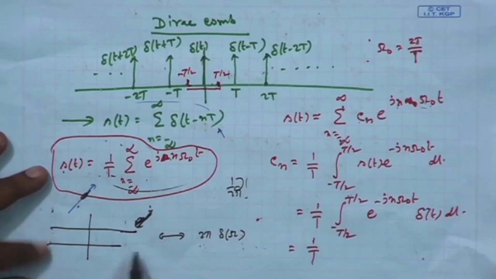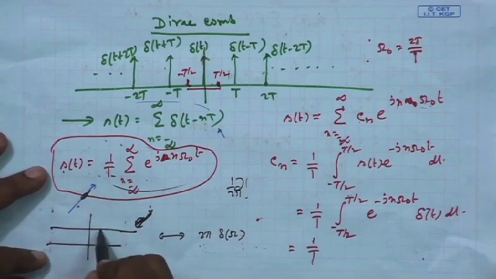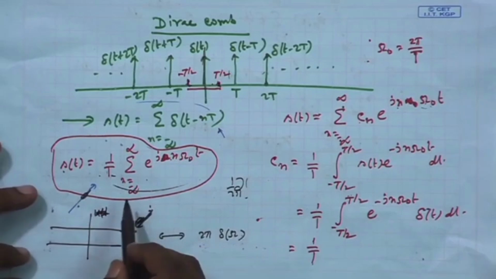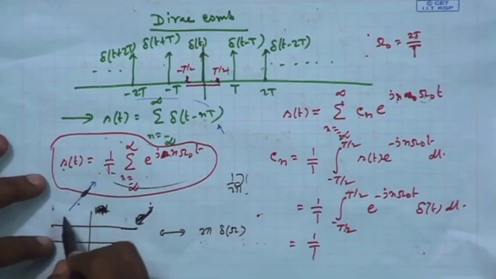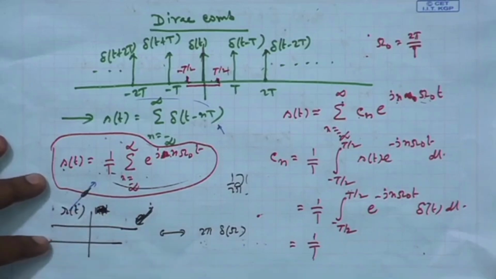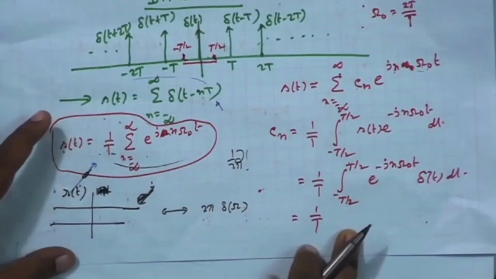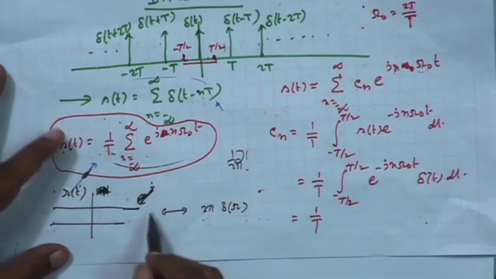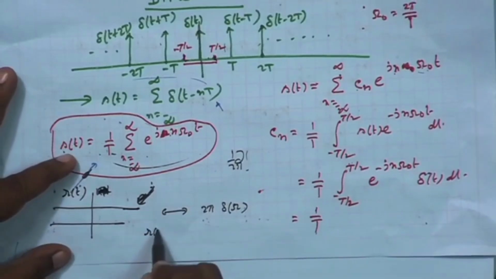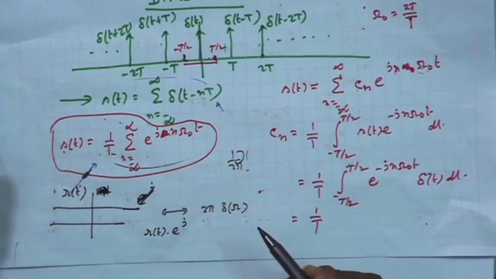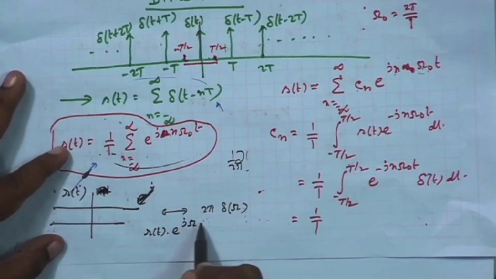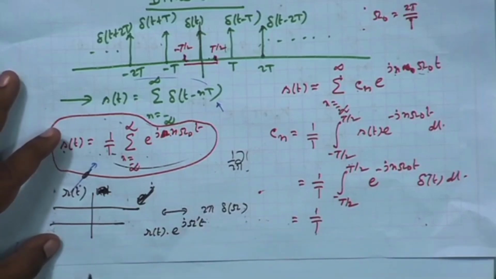So, if I have got a function, let us give it some name, say RT. Not U, because U stands for unit step function. Now, suppose I multiply RT with e to the power j, some frequency, say omega prime t. What will be the Fourier transform of this?